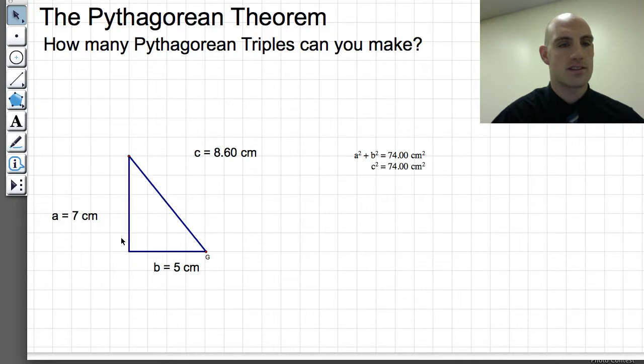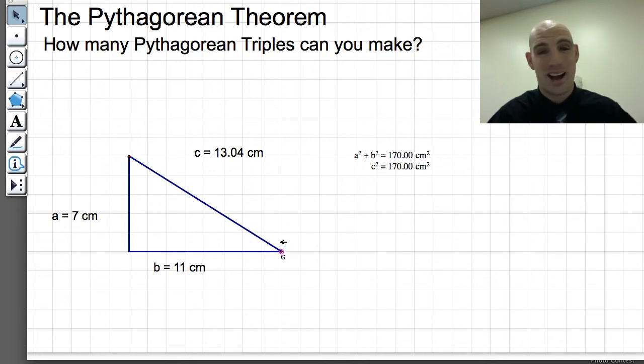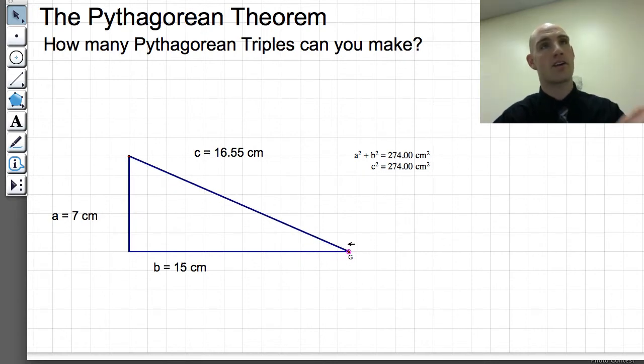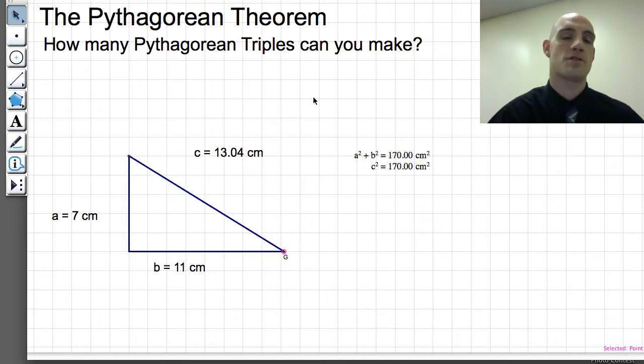So I've got these numbers for A and B, and as I move them around, I'm going to notice that my C sometimes gets close to a whole number, like there's 13.04, but that's not a whole number. So Pythagorean triples are numbers that go together that satisfy the Pythagorean theorem and are all whole numbers. Okay, so you see how this works.